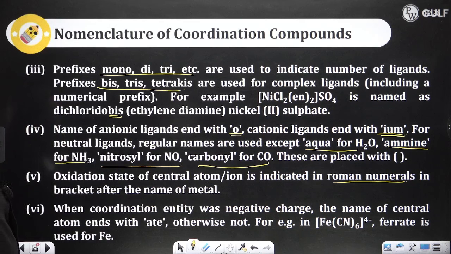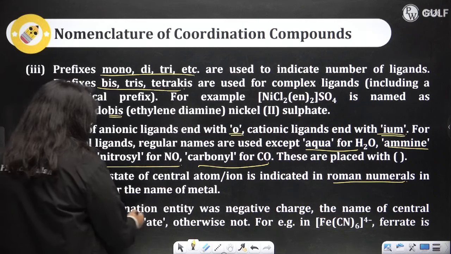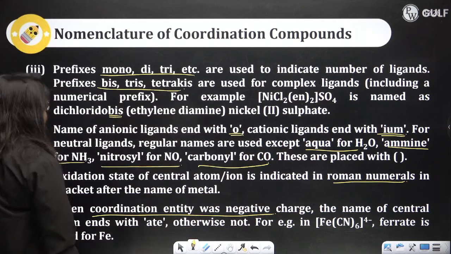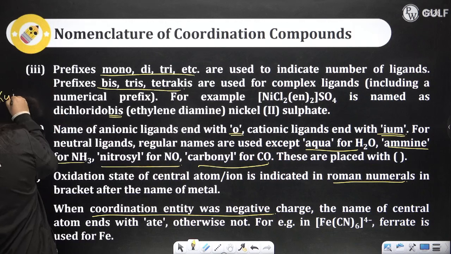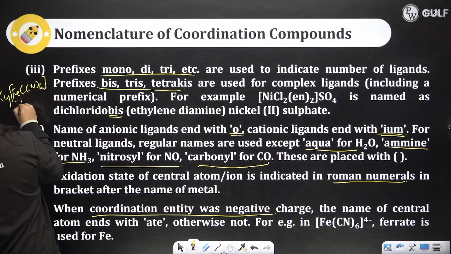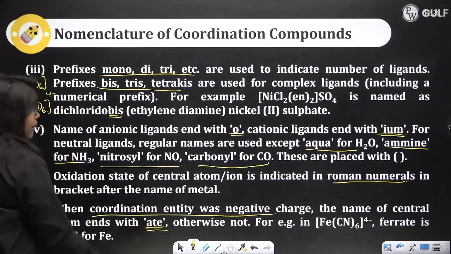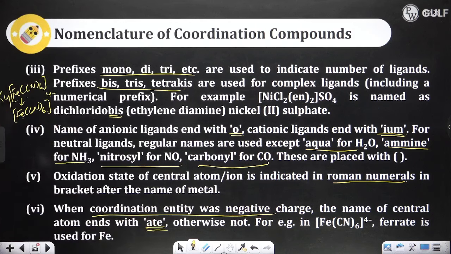And if the coordination entity is negatively charged, for example, if you take K4[Fe(CN)6], here the coordination entity [Fe(CN)6]4- is negatively charged. You will end the name of the central metal atom with ate. All right?